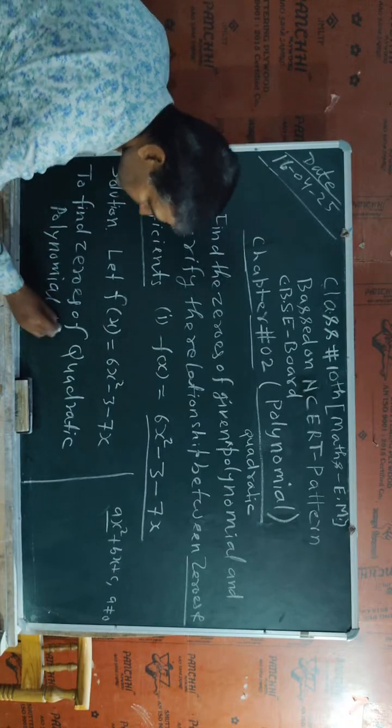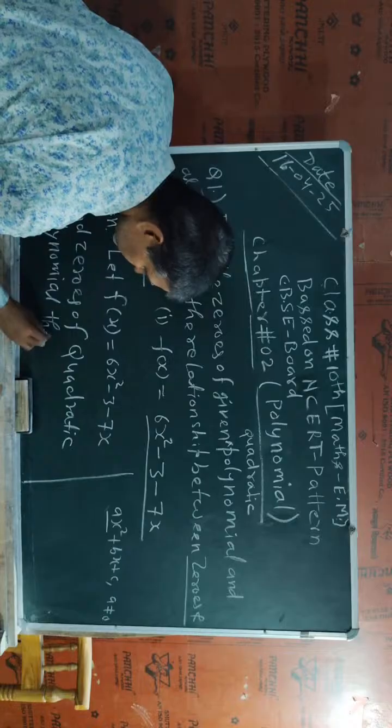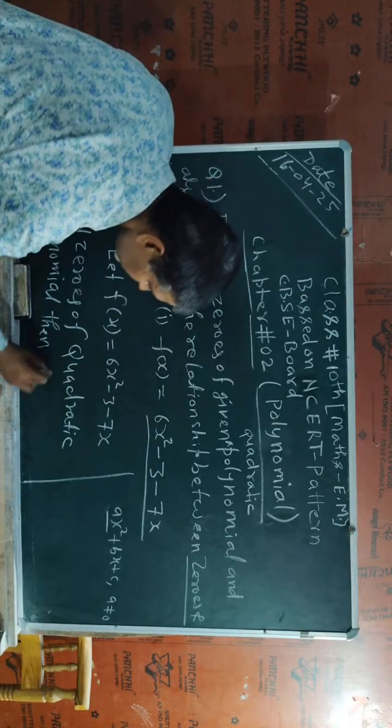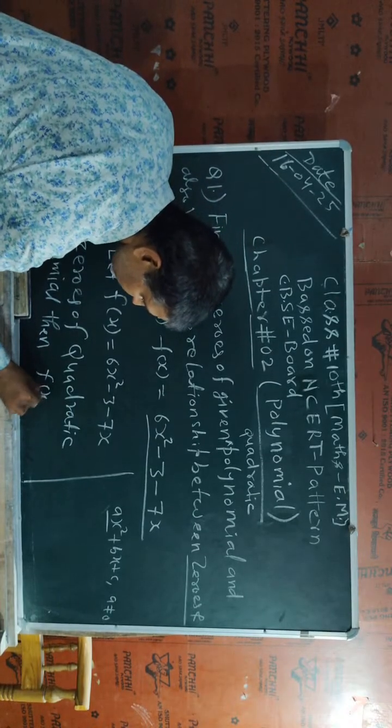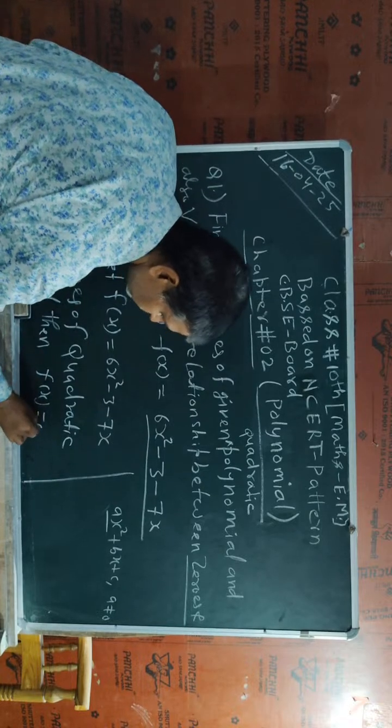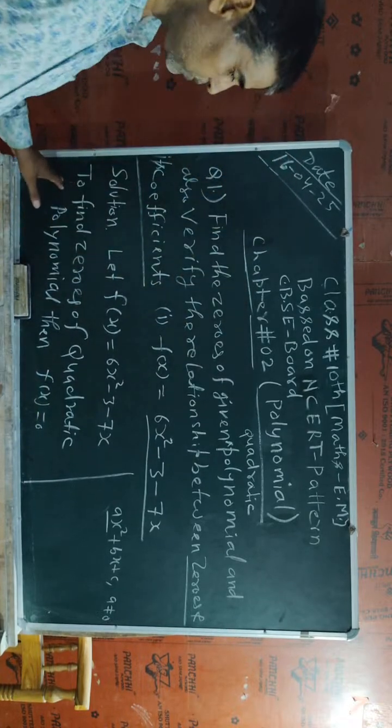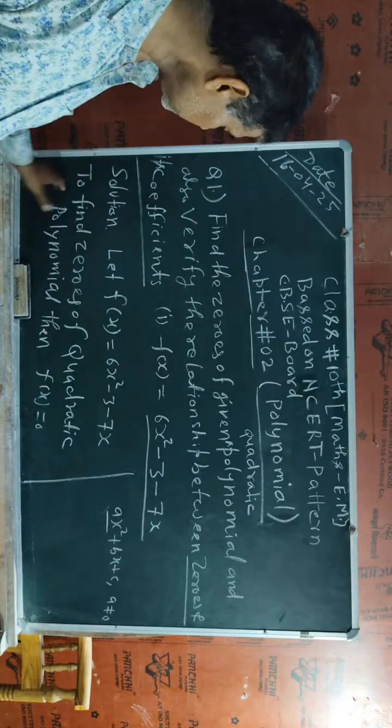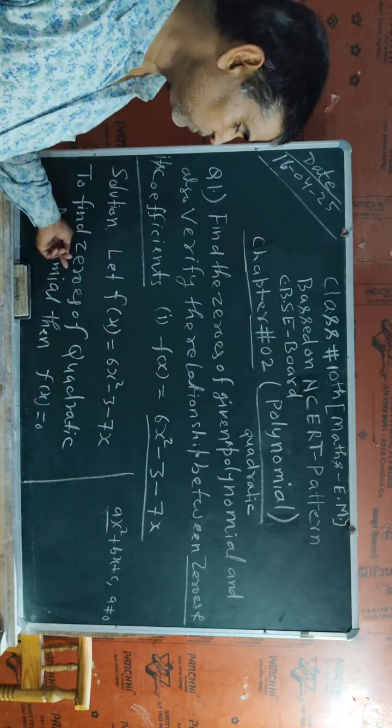Then we have to put f of x is equal to 0. Okay, student. So you have to remember this information, because you have to get the zeros of the quadratic polynomial.